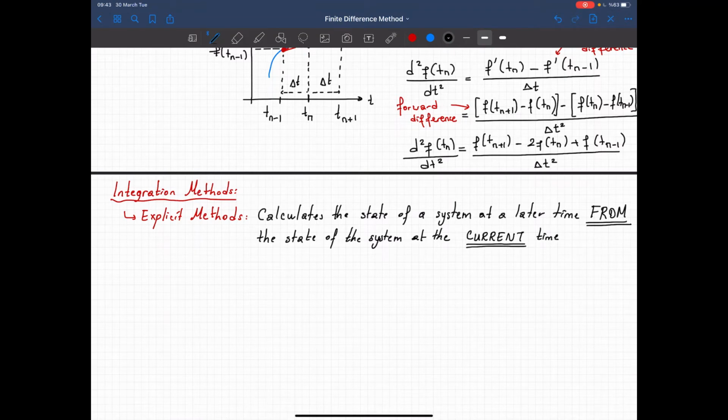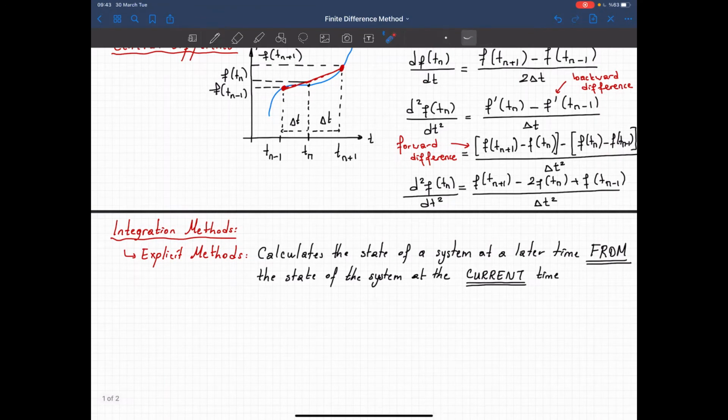So in the explicit methods, we collect all the information that we have for the current time, and by using that we go to the next time step.